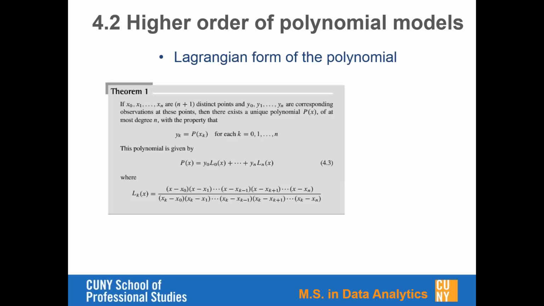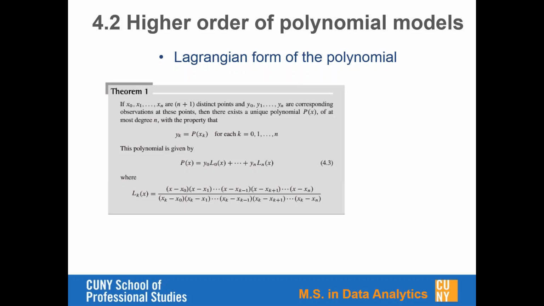And then there's a Lagrangian form of the polynomial, which is saying that if x0 all the way to xn are n plus one distinct points and y0 to yn are corresponding observations at these points, then there exists a unique polynomial p(x) of at most degree n with the property that yk equals p(xk).